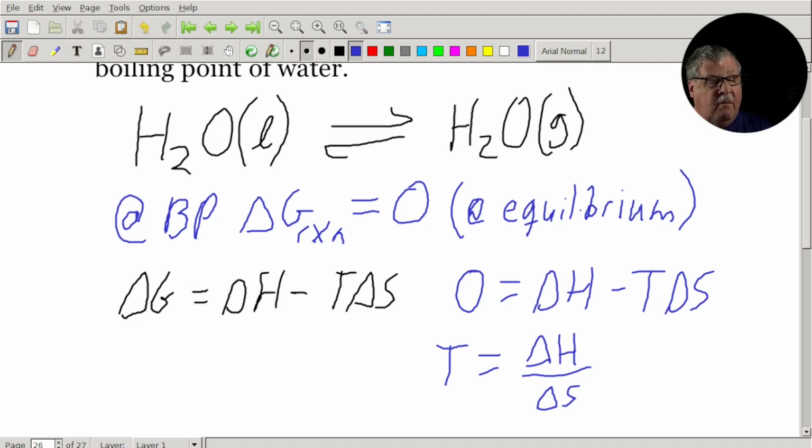When I vaporize something, is delta H positive or negative? In other words, do I have to pump heat into these molecules to separate them, or is heat given off when I separate molecules? What did we say back in chapter 11?